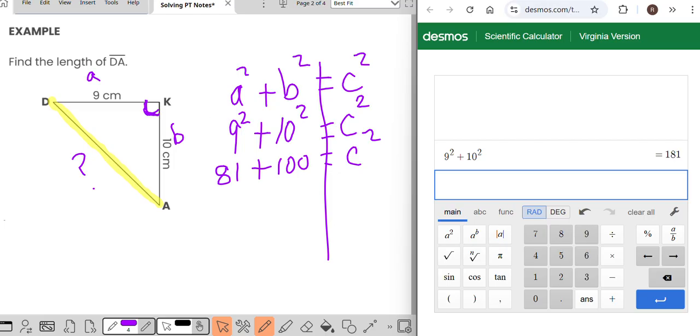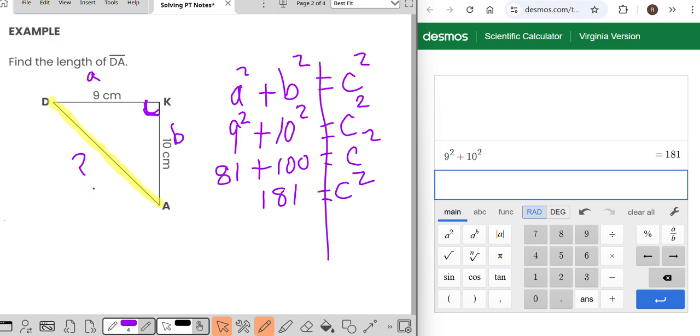It'll skip this line below it, but it does equal 181 equals C squared. Okay, so you can type in 9 squared and 10 squared individually and do it individually. 81 plus 100 is 181. Or you can type in A squared plus B squared, 9 squared plus 10 squared, and get 181. That choice is up to you.